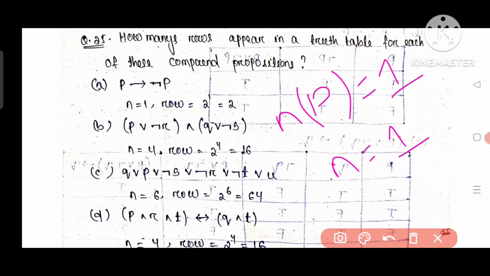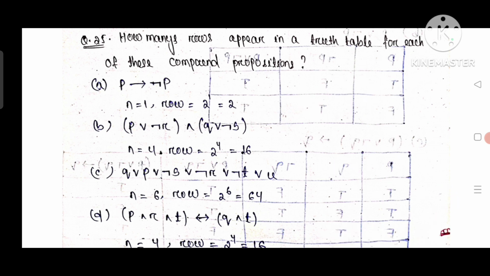So how many rows are possible? The general formula is 2 to the power n. Here n equals 1, so the value is 2 to the power 1, which is equal to 2. So the result will be 2.